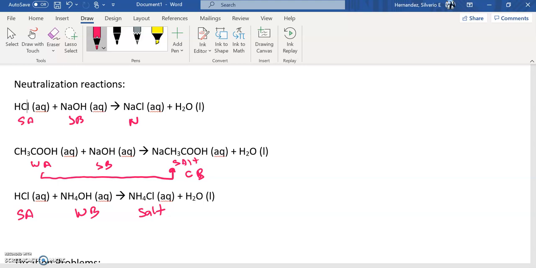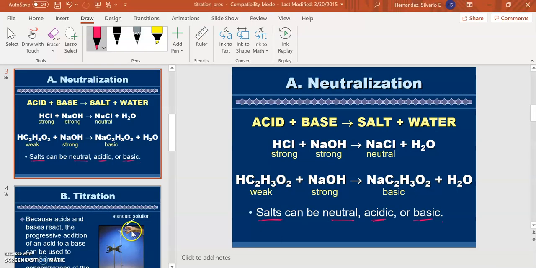But here we'll notice that this weak base now becomes my conjugate acid, and in this case the salt that was produced is going to be rather acidic. I'm not going to get into too much more detail about that, but these three reactions are just a basis of why some salts are neutral, why some salts are basic, and why some salts are acidic.